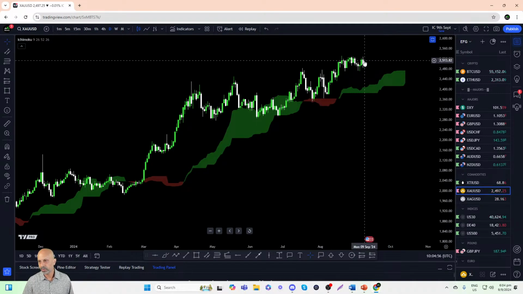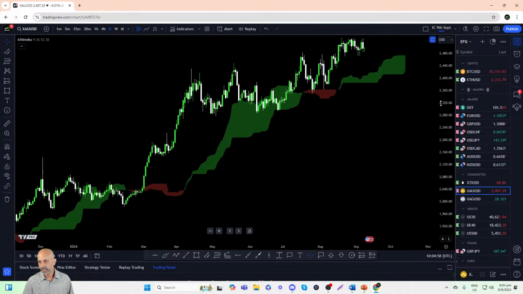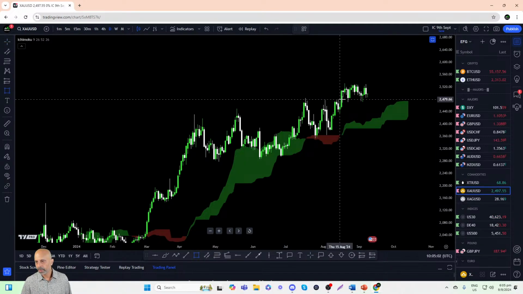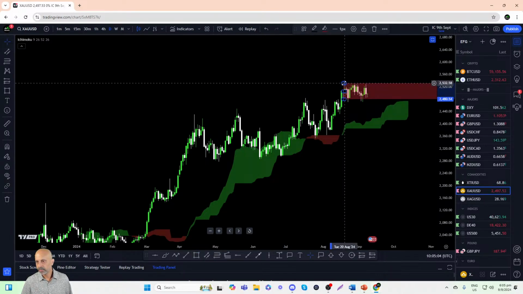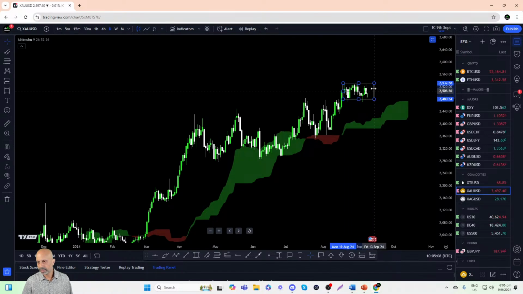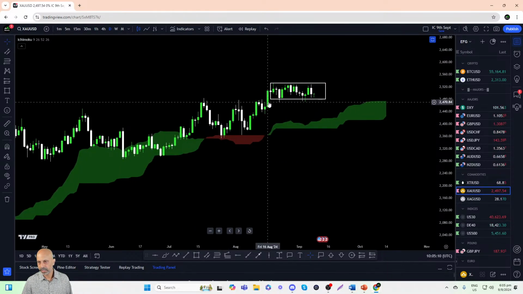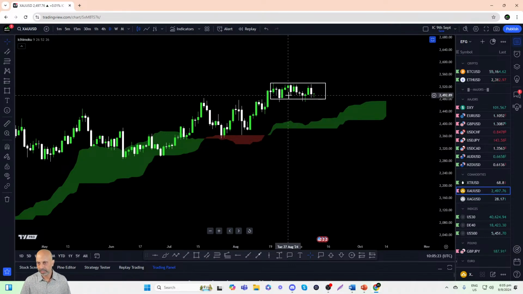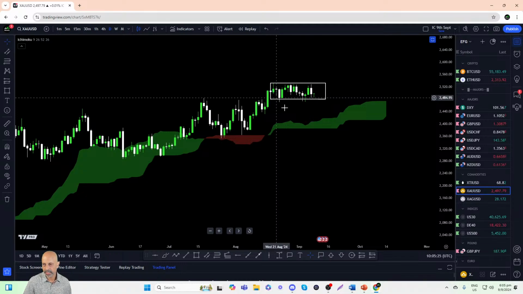It has broken underneath the 2,500 level here, and if you look at it, gold prices have actually just sort of traded sideways since 19th of August. Since then, it has ranged approximately between $2,477 per ounce and moving up as high as $2,531 per ounce here. So you can see sideways action clearly in place since the 19th of August.